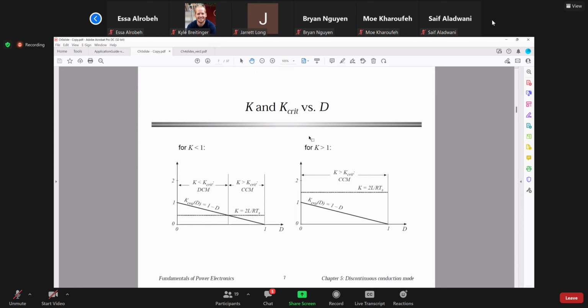But once set, if you're dealing with a fixed frequency converter, then it's constant. But now R is changing. You never expect to have a fixed load all the time. A smaller, light load means bigger resistance.